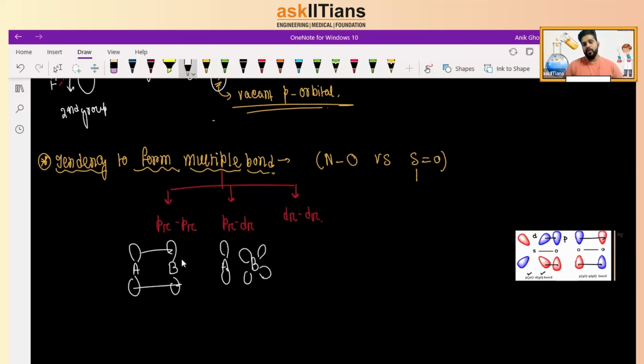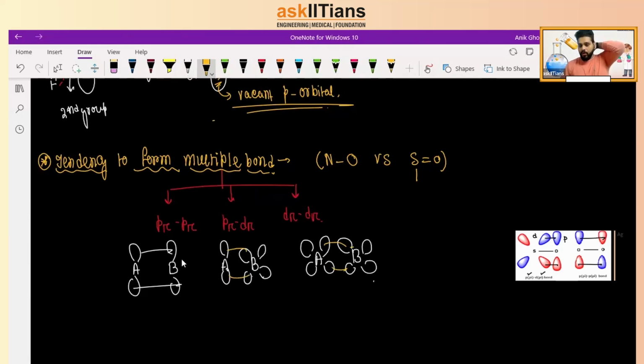And what is d pi d pi bonding? Both of them are going to be using the d orbital for the bonding purposes. Alright. So these are the three types of bonding. As you know, guys, only parallel overlap can make double bonds. So we have to know that they are parallel to each other.